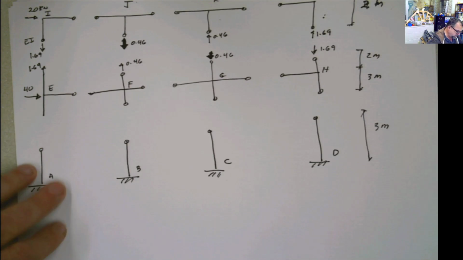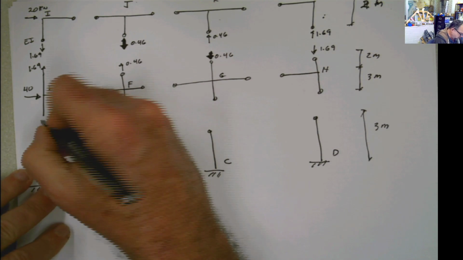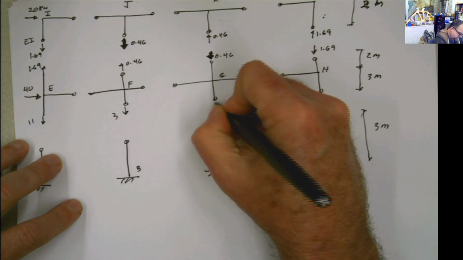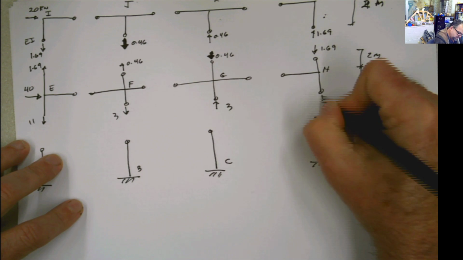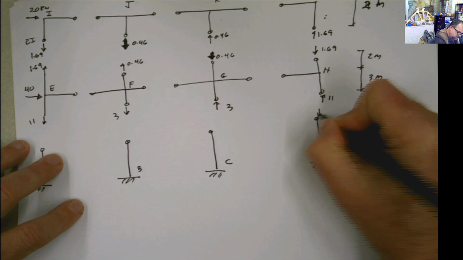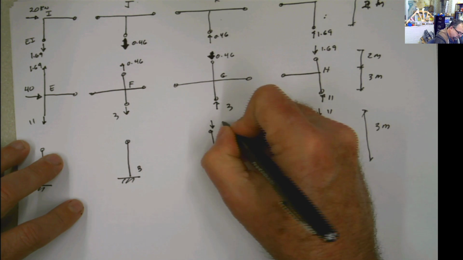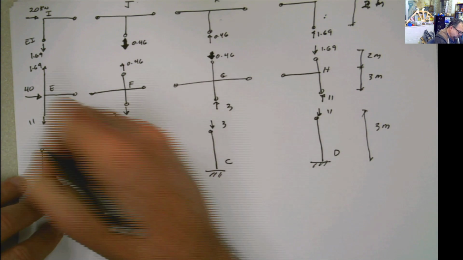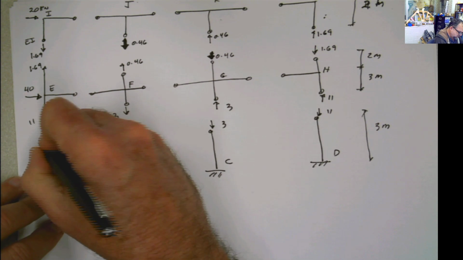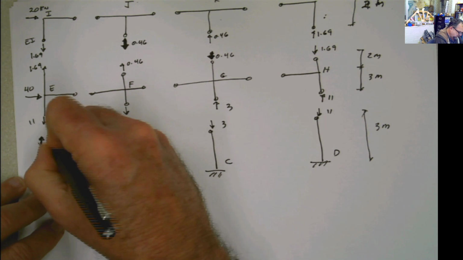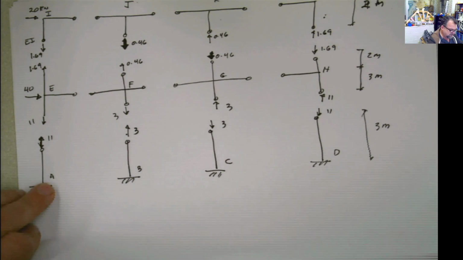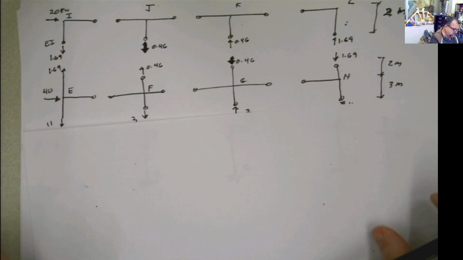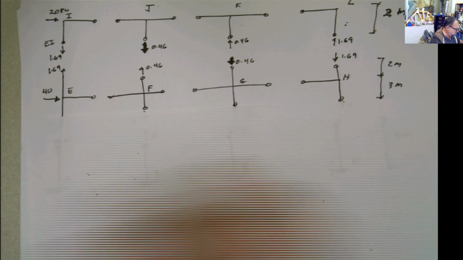So I know those values, so we can put those values here also: 11, 3, 3, and 11, and transfer those values to the bottom columns, and here 11. So once we have those values in place, and we know those are hinges, then we are set up to start solving this.